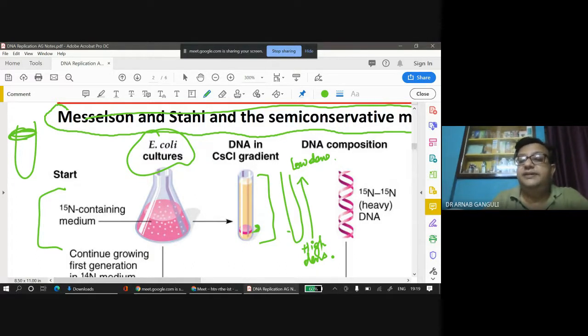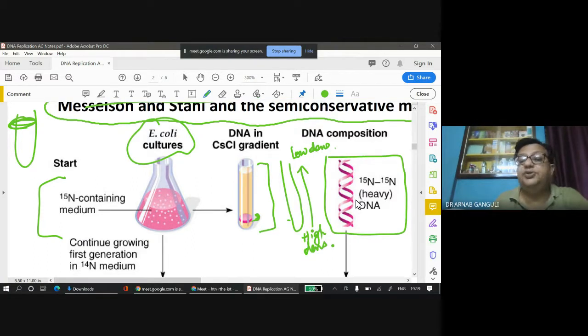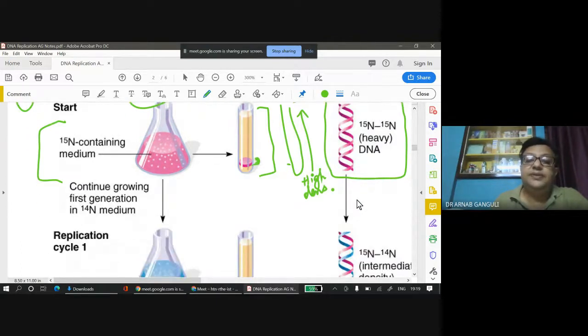This is the N15 N15 heavy DNA, that is the higher, heavier isotope. All right. Now, after this, you start these cells.